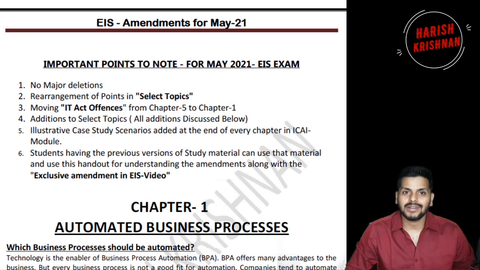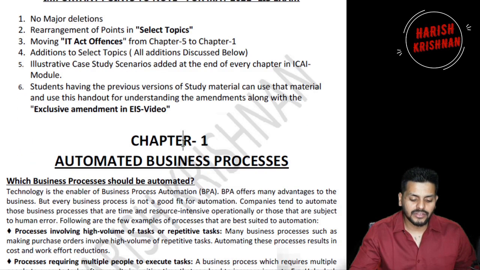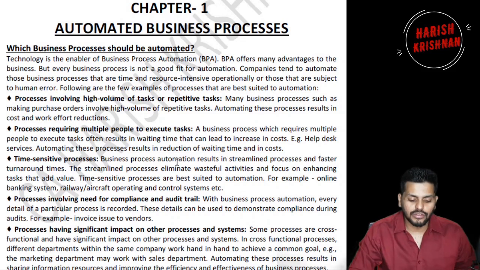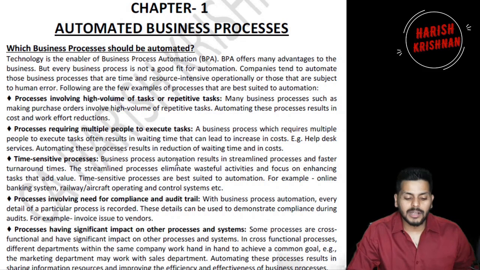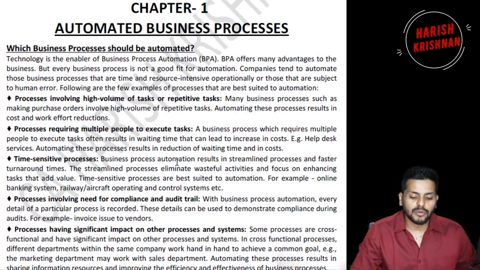So on that note, let's move on to the 1st chapter. There is a bit of rearrangement here in the 1st chapter, wherein you can see automated business process, where what process should be automated. Now you know that there are so many things in automation, but which of these processes have to be automated is the question that has been added.